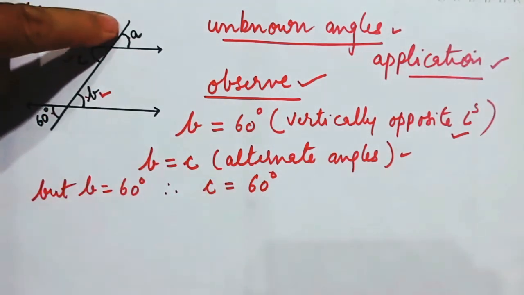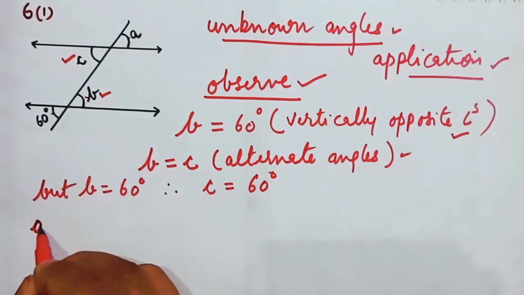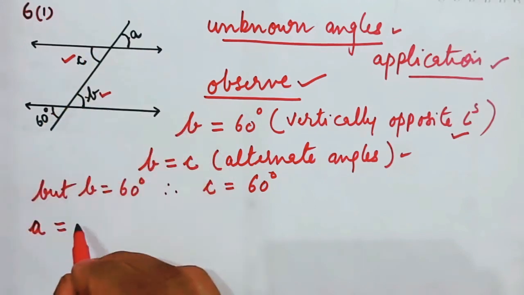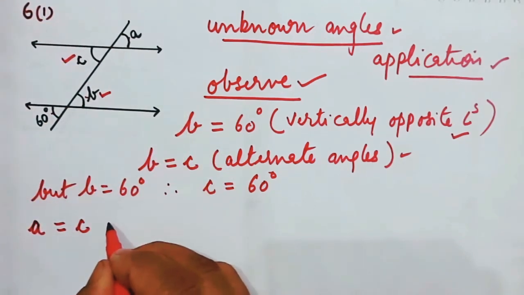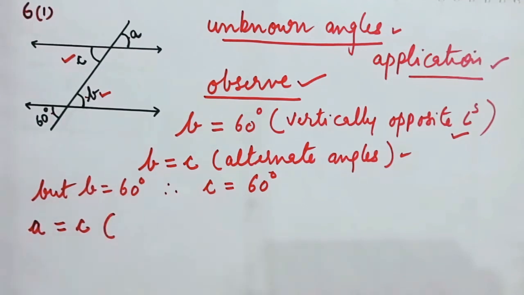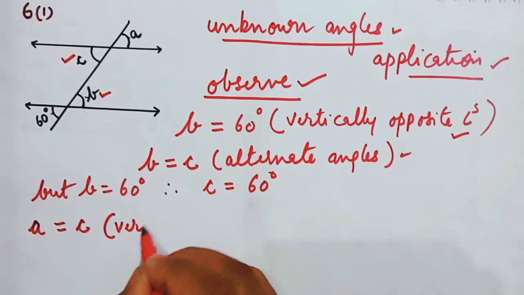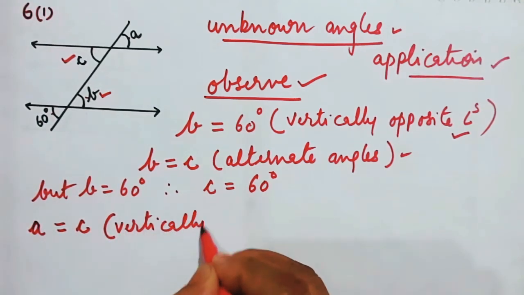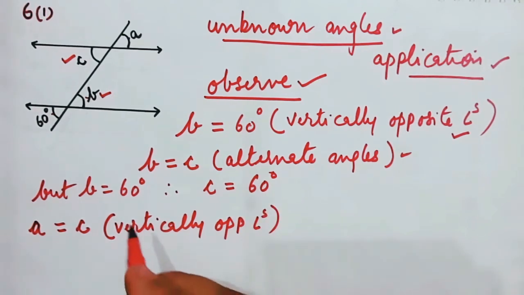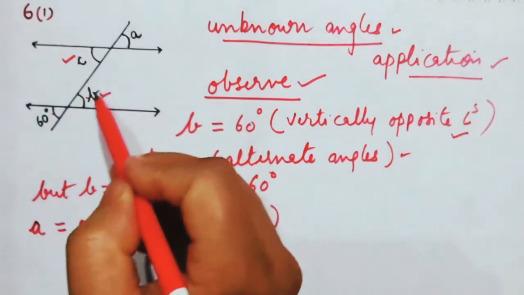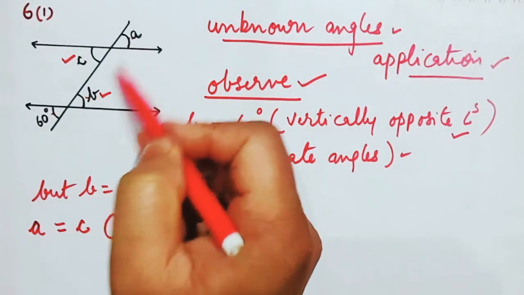Now the remaining is A. How to find out A? Now let me write A is equal to C. Can we write A is equal to C? You will be asked a reason why, and the reason is they are vertically opposite angles. Now there are some children who will write A is equal to B. Why? They are corresponding angles. That is also true, isn't it?